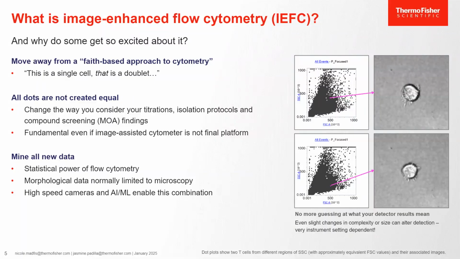This can help to enhance the statistical power of already sensitive flow cytometry data and expand morphological analysis beyond traditional flow and microscopy. The combination of high-speed image capture and machine learning make this technology a reality and easy to use.